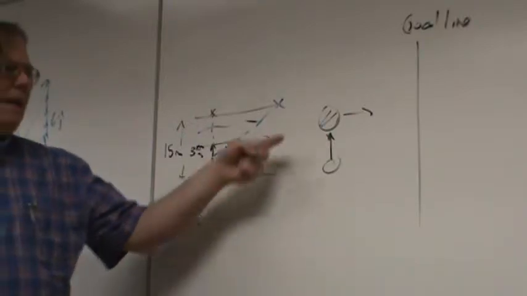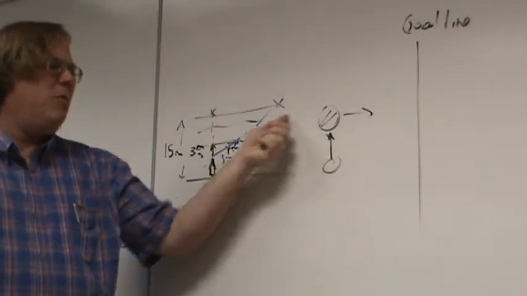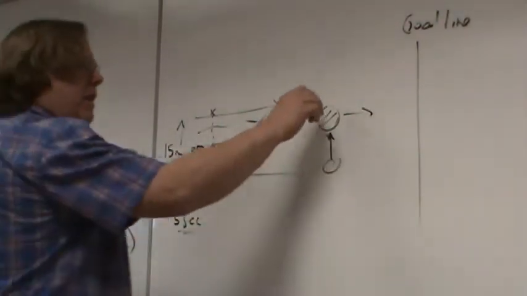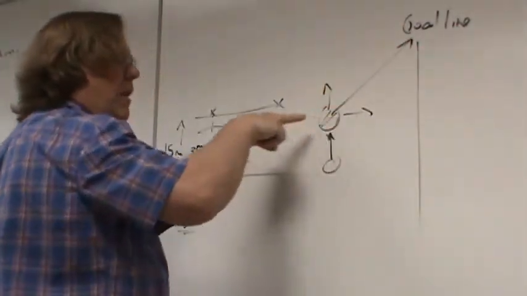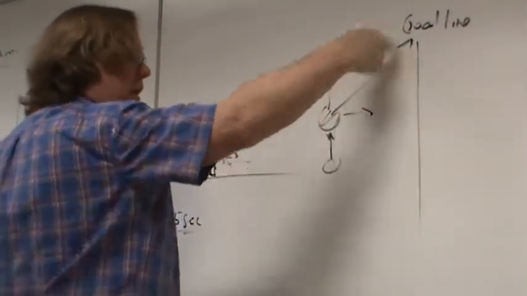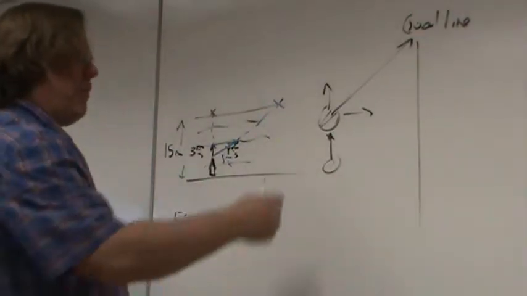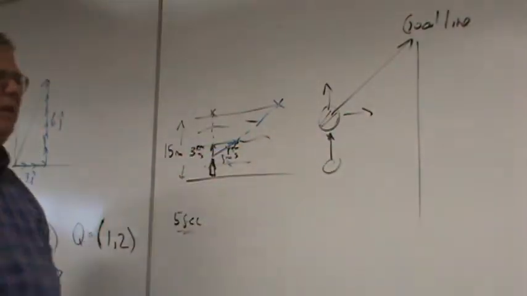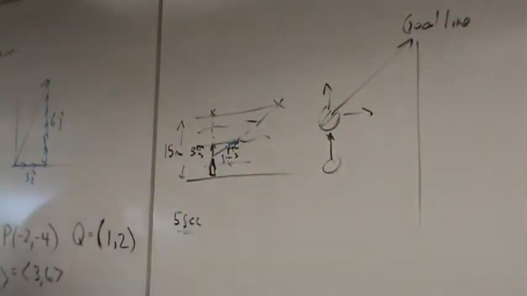The only way he can hinder this guy's progress is to exert a force with a component in the x direction. As long as this guy is exerting a force in a y direction, this dude will go at some angle, but his progress in the horizontal direction will be completely unaffected. That's why when you tackle someone in football, you have to do something to impede their motion in the horizontal direction.